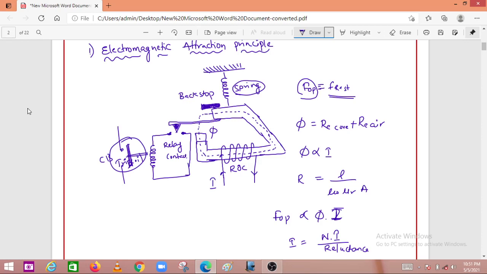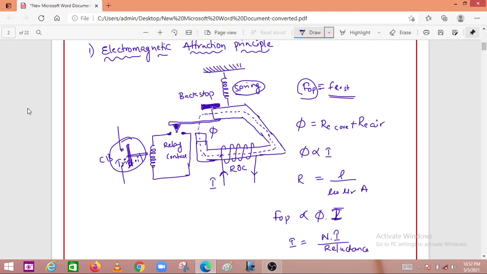If any fault current is flowing through this coil, the magnitude of the current will be more, so the operating force will be more than the spring force, which is the restraining force, and the value of the flux will be more.